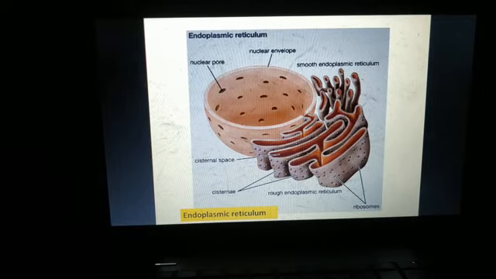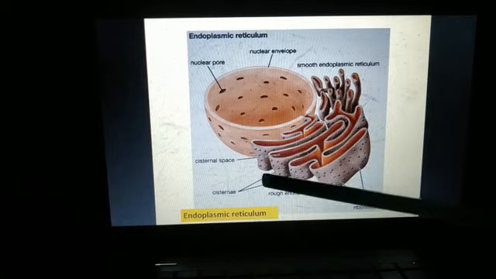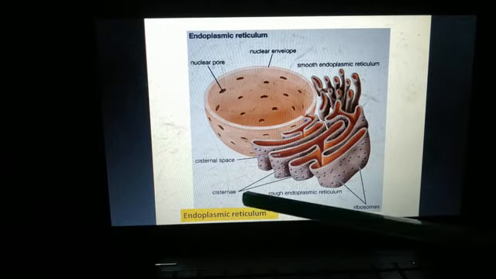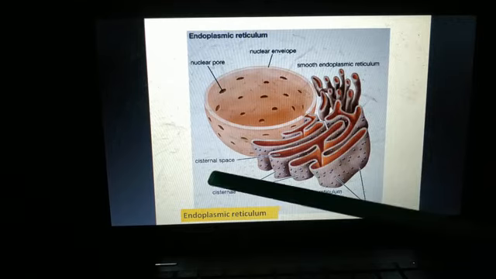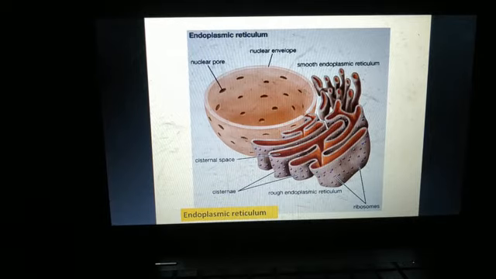Now, what happens when a cell is disrupted? The endoplasmic reticulum also gets disrupted, and thus it will form small vesicles or sac-like structures which are spherical in shape. On the surface of these vesicles, ribosomes are attached, and they are then called microsomes.